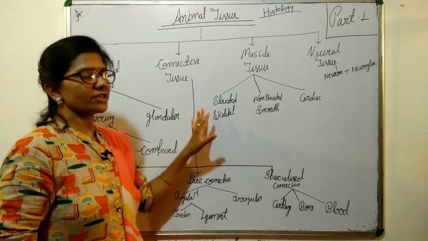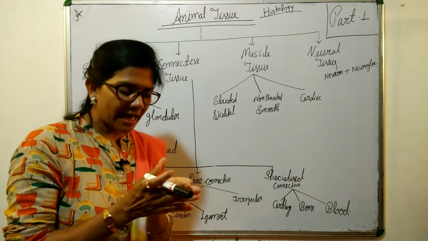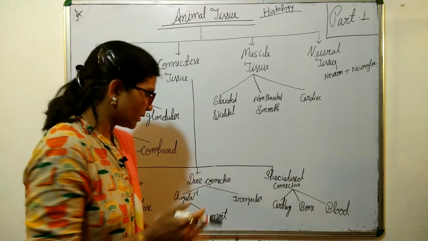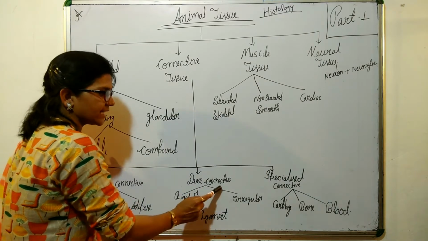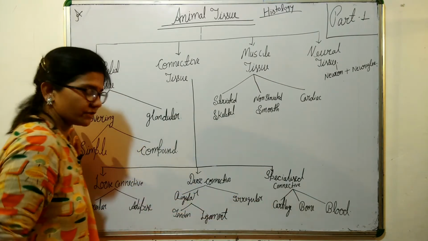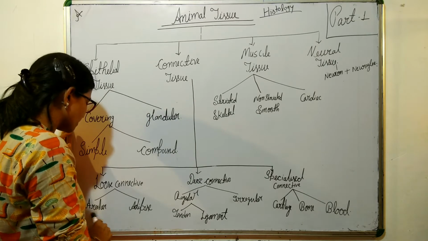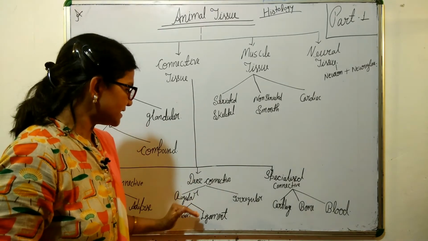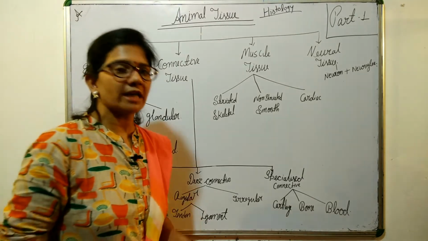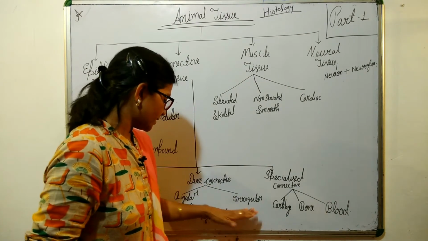Then the connective tissue, as we talked about, helps to connect the body parts. These are of three types: loose connective tissue, dense connective tissue and specialized connective tissue. Loose connective tissues are areolar and adipose types. The dense connective tissue can be regular or irregular.